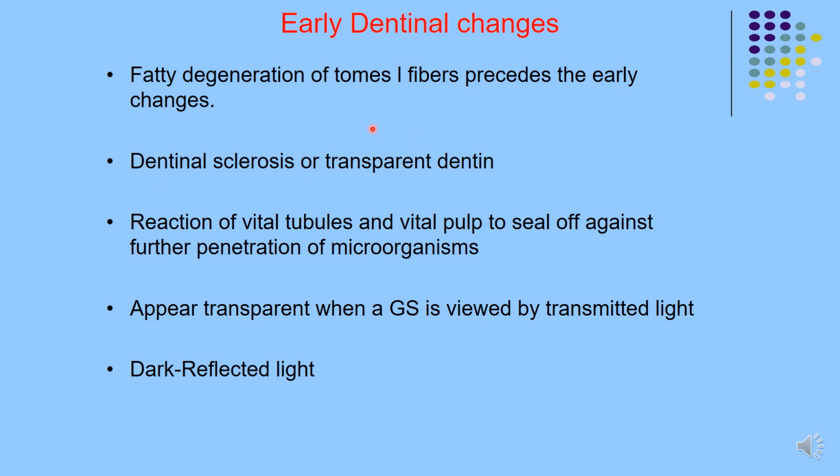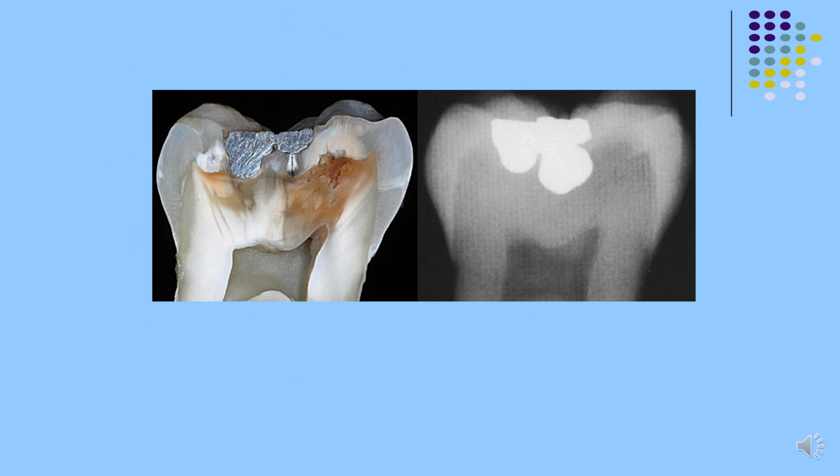Dentinal sclerosis or transparent dentine is formed. Reaction of vital tubules and vital pulp is to seal off against further penetration of microorganisms. Okay, they appear transparent when a ground section is viewed by transmitted light, and they appear dark under reflected light. Again, something that you are familiar with from your knowledge of oral histology.